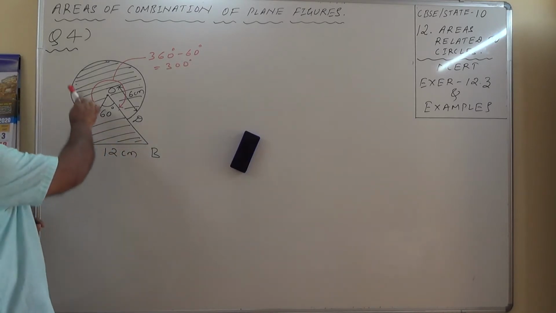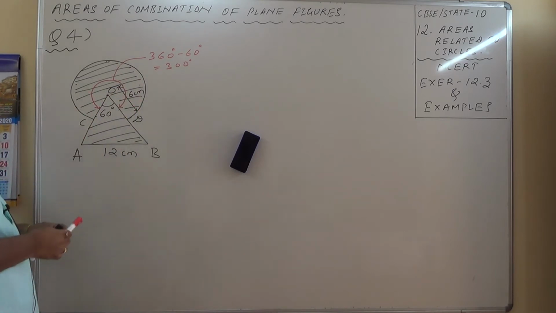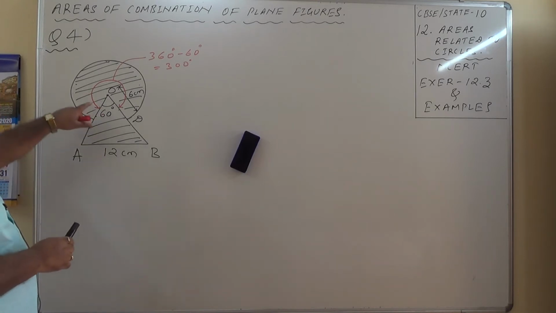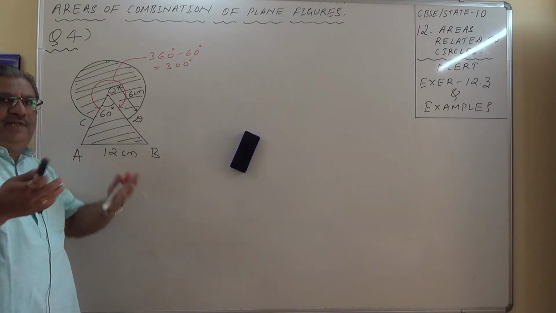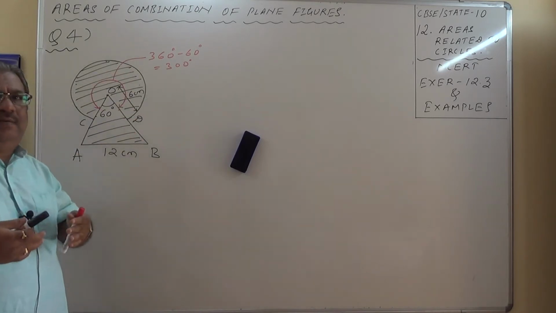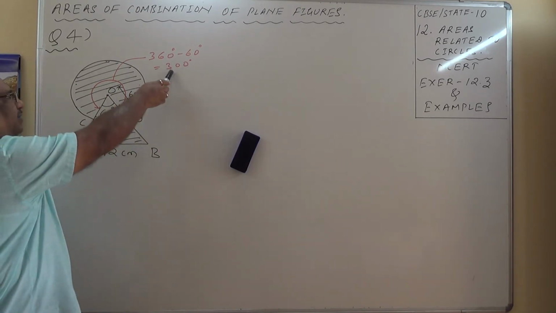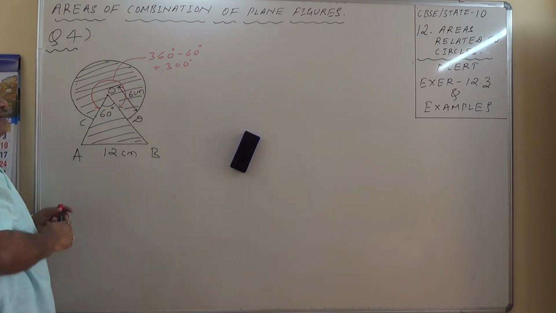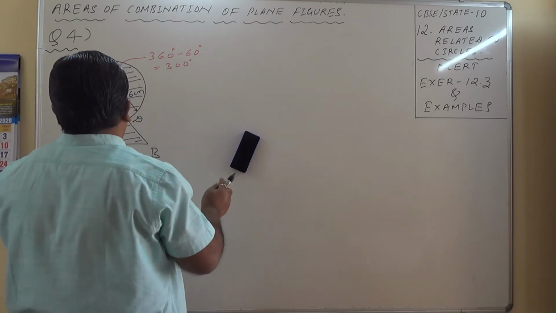Because I want to find out the area of the major sector plus area of the equilateral triangle, that gives you the required area of the shaded region. So in order to find out the area of the major sector, I must know the major sector angle. So the angle here is 300 degrees, 360 minus 60, and therefore the major angle is 300 degrees. So what is the given information over here?